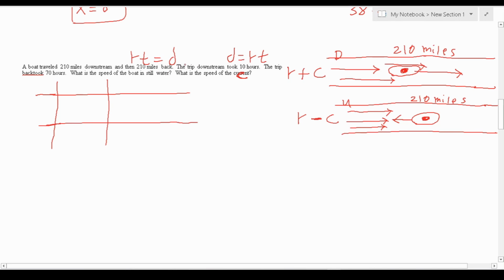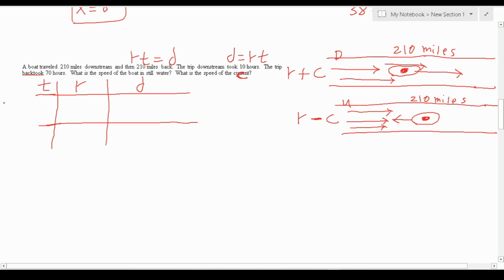I just have my distance on the right-hand side, which will help us set up equations later. So I'm going to call this our t, which stands for time. This one's going to be our rate of speed, r, and this one's going to be our distance.